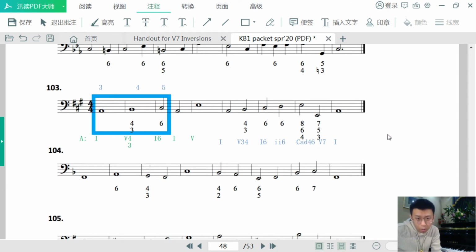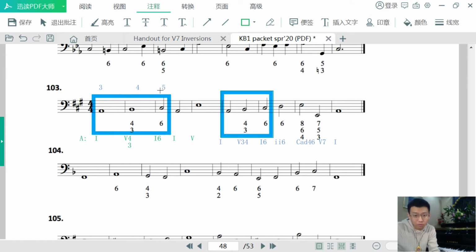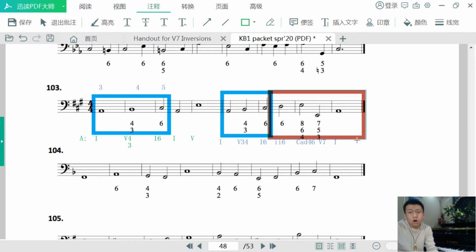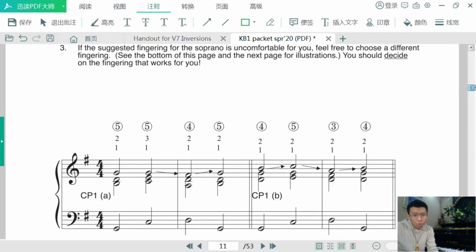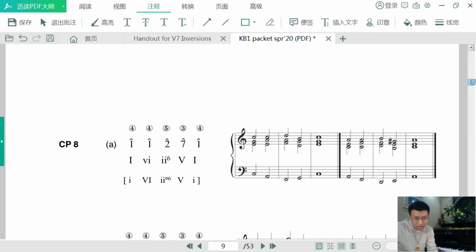If you look at your keyboard packet, you should realize that here, definitely we can use 3, 4, 5 again in the beginning. And if I change to another color, I draw another red square. What did you find? Well, here is the same situation as cadential progression number 10.